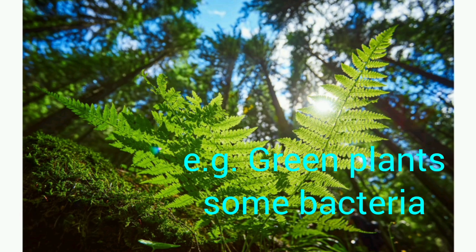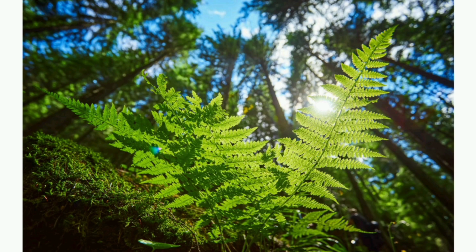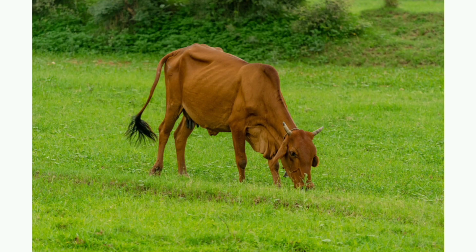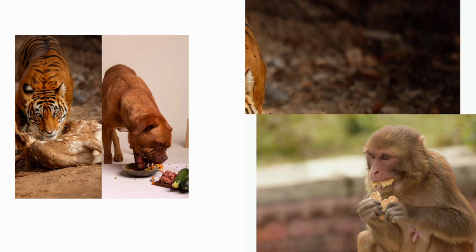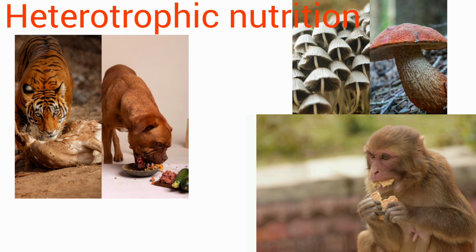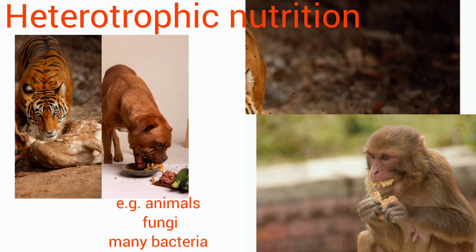Examples: green plants, algae, and some photosynthetic bacteria. Other organisms cannot make their own food and depend on plants or other animals for their nutrition. These are called heterotrophs, and the mode of nutrition they follow is called heterotrophic nutrition. Examples: animals, fungi, and many bacteria.